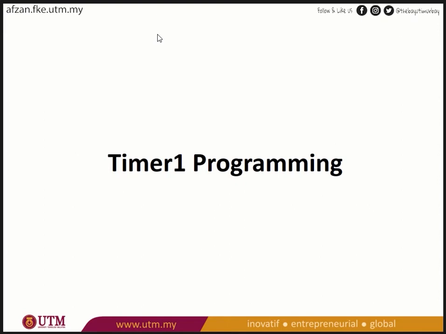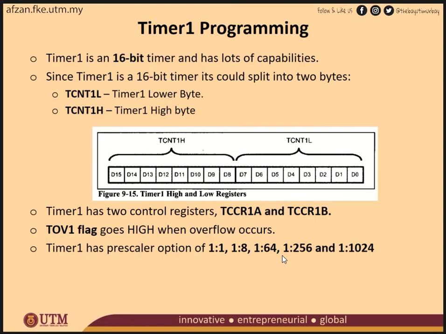Since timer 1 is a 16-bit timer and has a lot of capability, you can split it into 2 bytes. So this is 16-bit data. You have 16 bits from D0 to D15. Since this is 16-bit, you can divide it into 2 bytes.